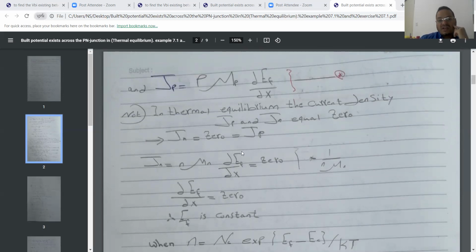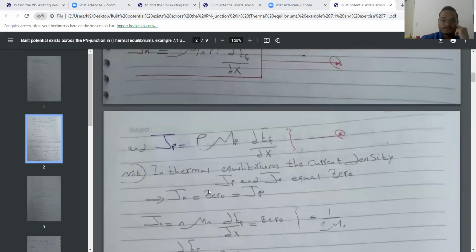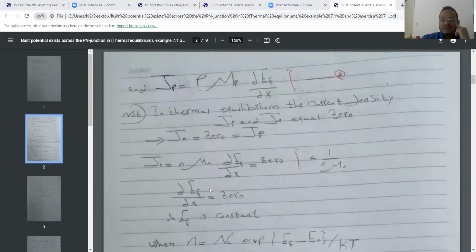And we can use the same equation for the current density of electrons to prove that the derivative of the Fermi level with respect to x equals 0. That means the Fermi level EF is constant across the junction, because, as we know, if the derivative of any element equals 0, that means this element is constant.